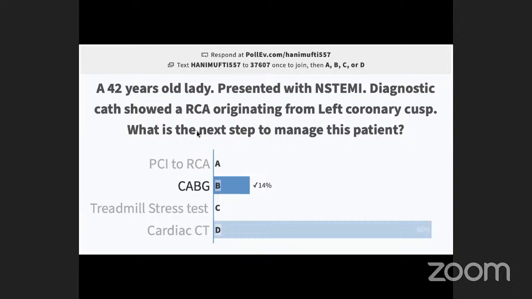So CT. But if I say she's 25 years old, a known case of abnormal origin of the RCA, would you do a CT now? But she has no symptoms, or vague symptoms? No, actually, the ultimate intervention will be surgical because I already know that she has it. I'm asking what investigation. She's known to have an anomalous origin of the right coronary artery.